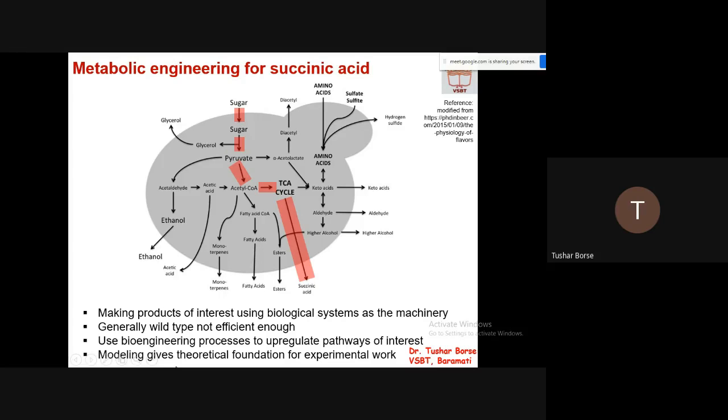We lay down a theoretical foundation which can then be studied using bioinformatics tools, and then we actually go for the experimental work. Fine. I may again explain the metabolism to you after this presentation. So keep this example in your mind, and we will talk upon it. If you are interested, the reference link is mentioned here, and you can refer to this paper. Otherwise, for your information, you can keep it like this.